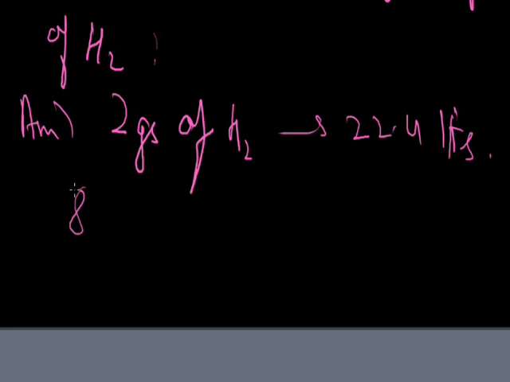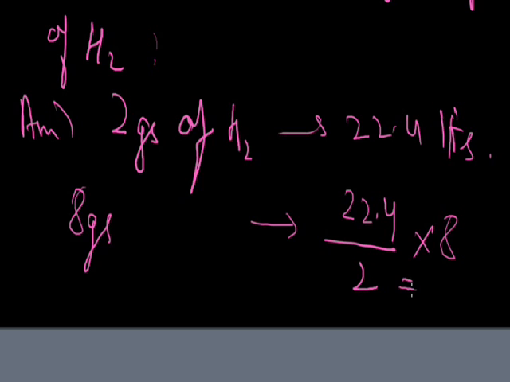So for 8 grams, we can calculate directly: 22.4 upon 2 into 8, that will give 22.4 into 4, which is about 89. So 89 liters of hydrogen will be present in 8 grams of hydrogen.